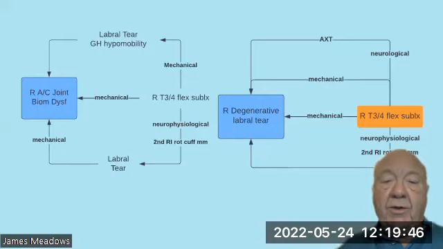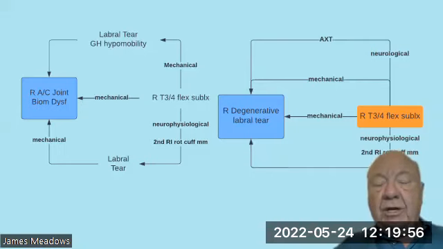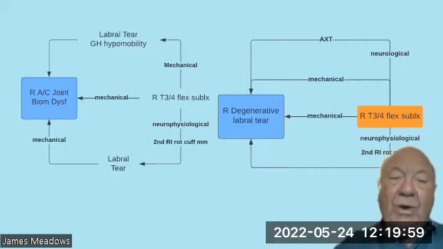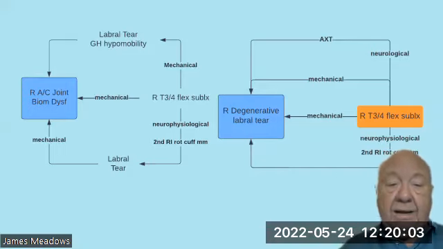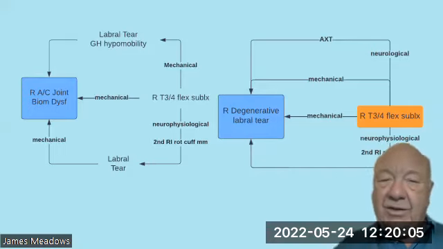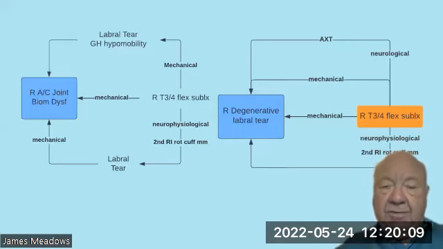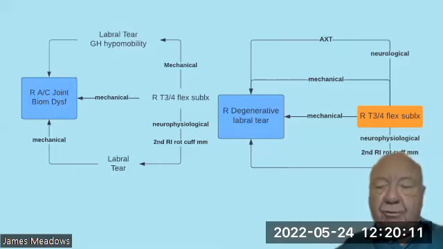Two ways of going with this. One of them is mechanical. If you do the upper arm, you go upwards there, that mechanical hypomobility can cause a labral tear, which can then cause a glenohumeral hypomobility, which can then cause an AC joint to overcompensate and break down. In which case, the AC joint is probably going to break down into the elevated position. That is because it's being forced further and further into elevation.